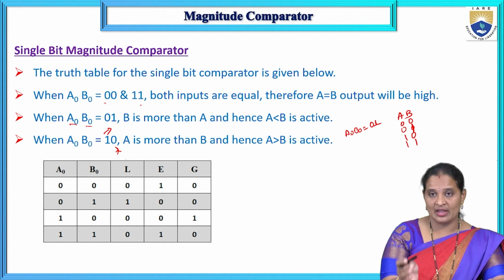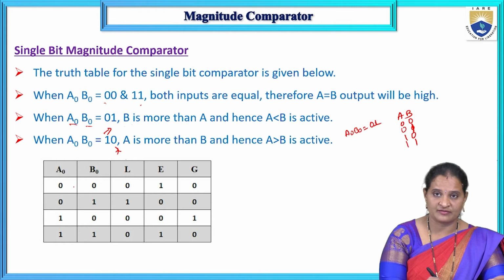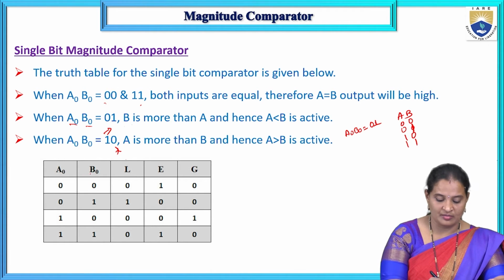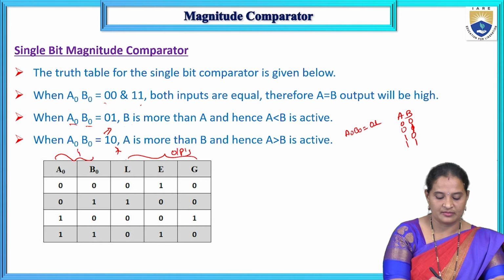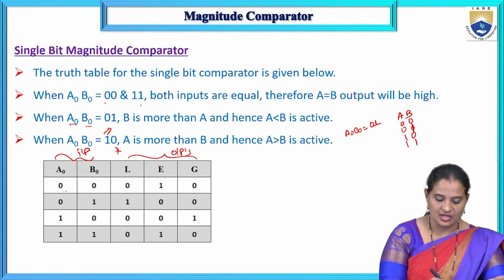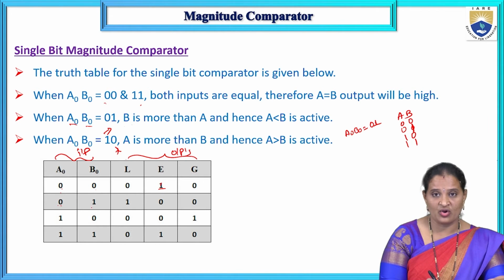So this is the truth table according to the logic which we have discussed. Two single bit inputs, A naught, B naught, are the inputs, and these are the outputs. When A naught, B naught is 0 0, both are equal, so equal to is 1, remaining two are 0. Next, A is 0 and B is 1.